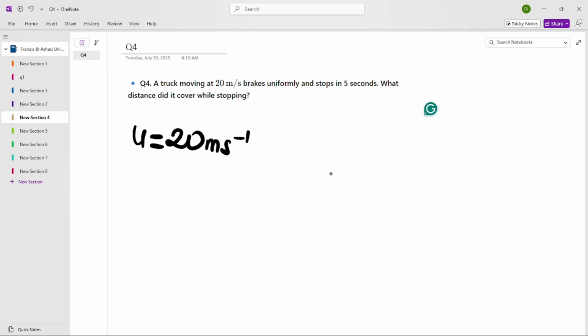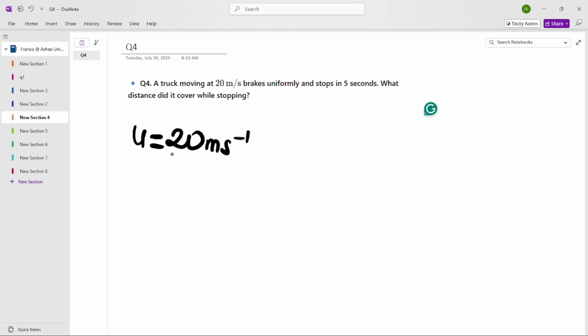The next question, you will help me identify what each value represents. If you write the parameters first, before we tackle the question, it is easier to use the equations we already know. So the first step is to write your parameters and label them well. The very first one is a truck moving at 20 meters per second, and we are saying that velocity is u, u is 20.